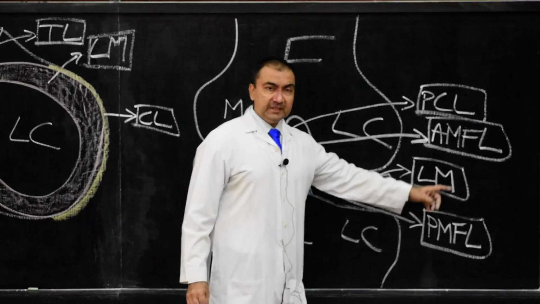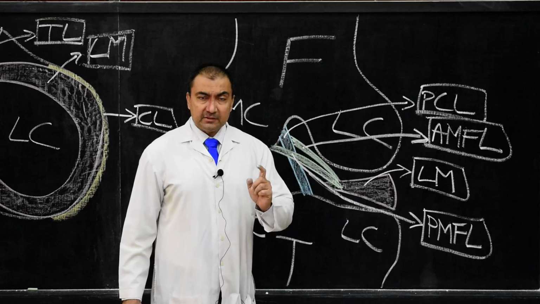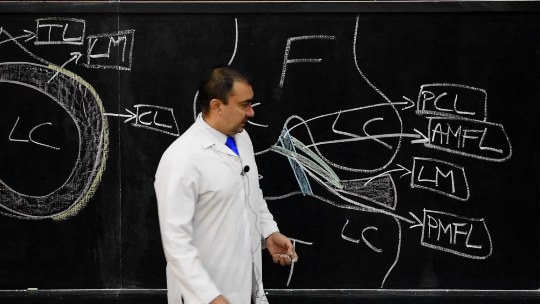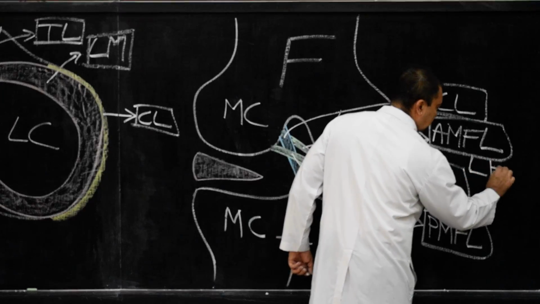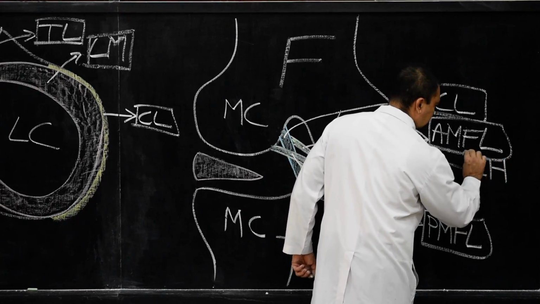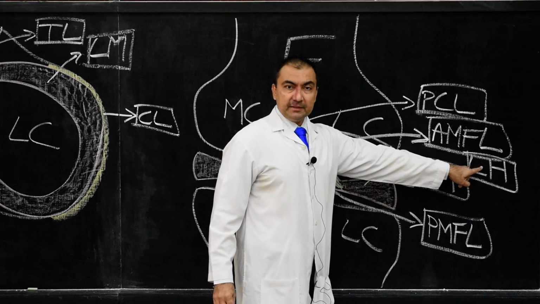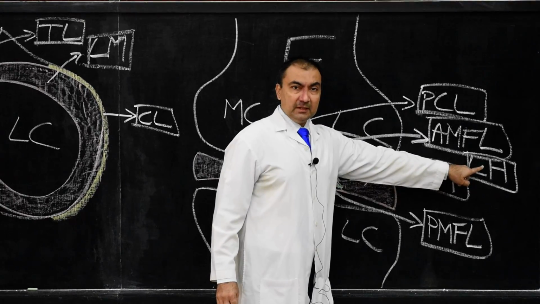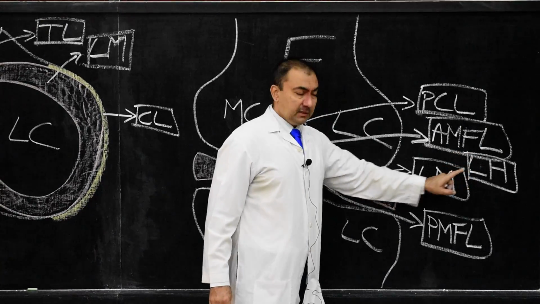What are the other names of these two ligaments that you have to remember? Anterior meniscofemoral ligament is known as ligament of Humphrey. Please write down over here, ligament of Humphrey, H-U-M-P-H-R-E-Y.